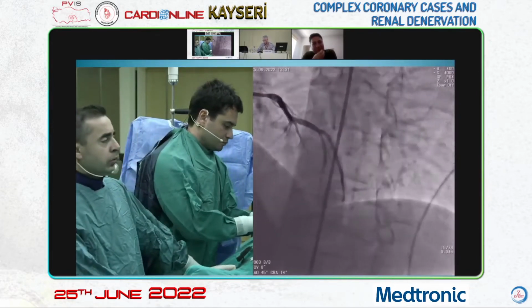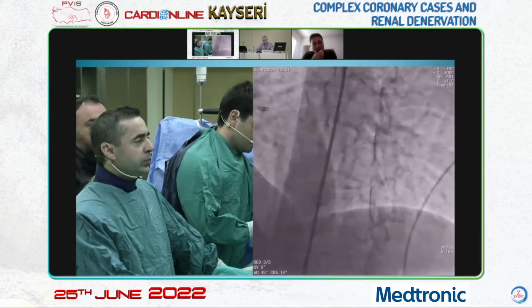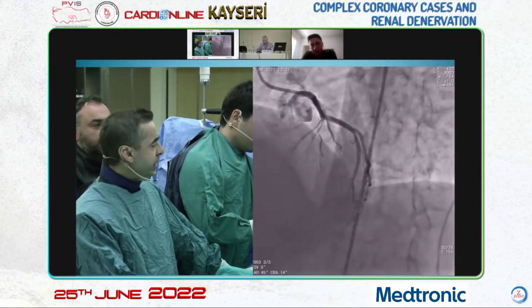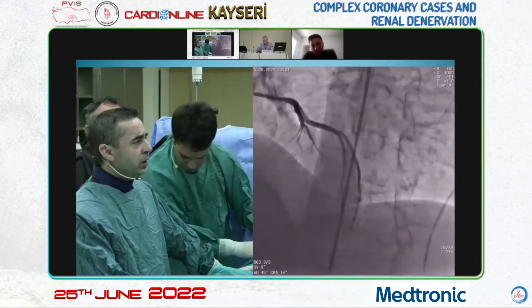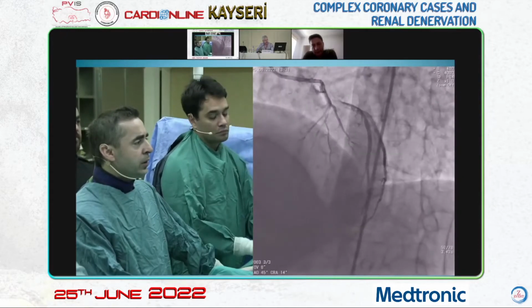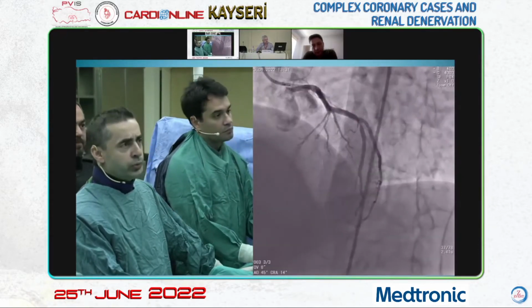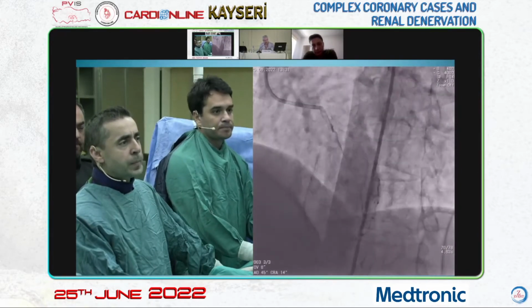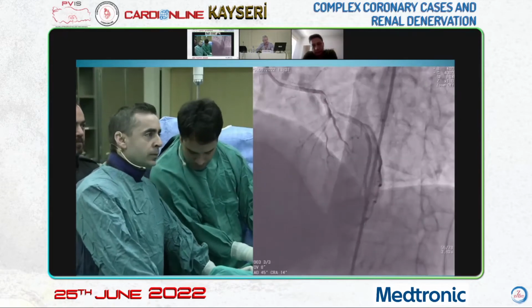What is your wire selection? Here, a hydrophilic wire will be used, Pilot 50 or 150. With a sliding technique, we will pass it, and with a rigid wire, we plan to do an IVUS. Let's discuss it with the panelists.